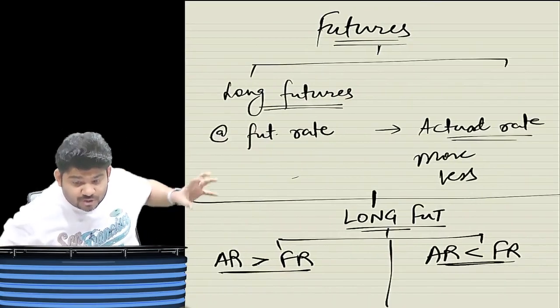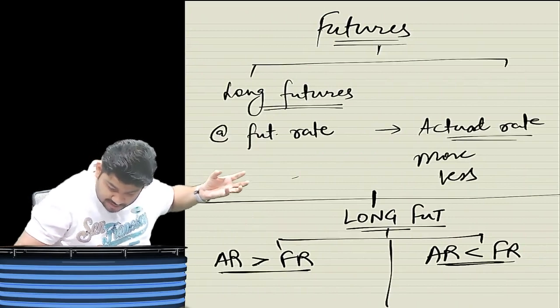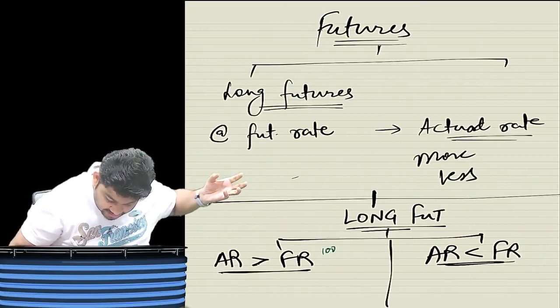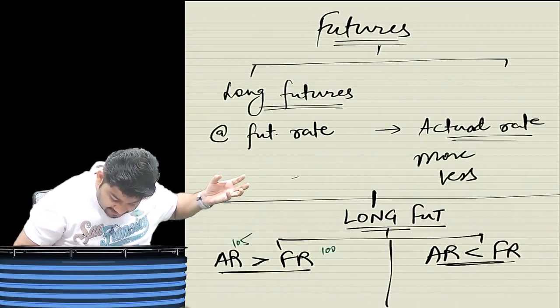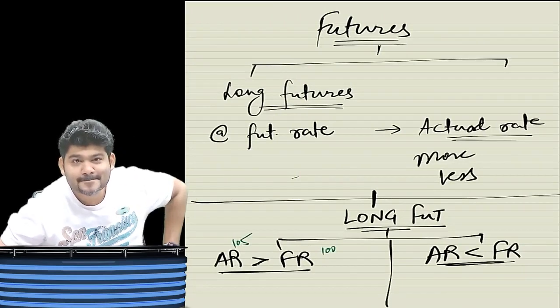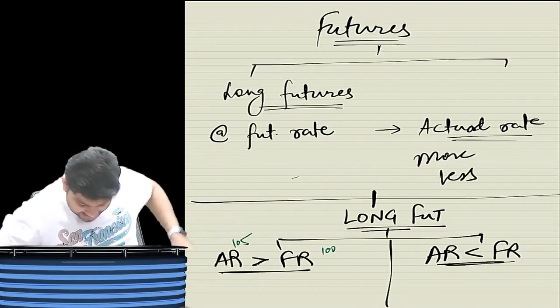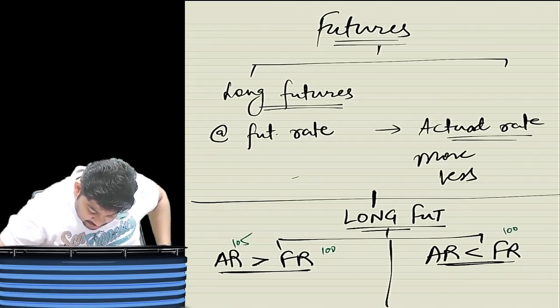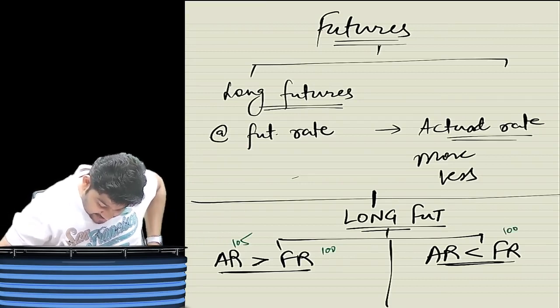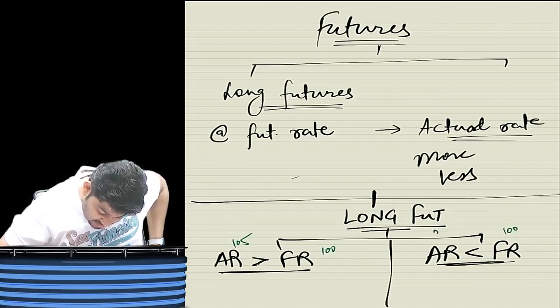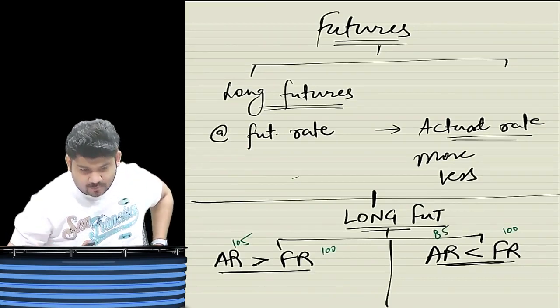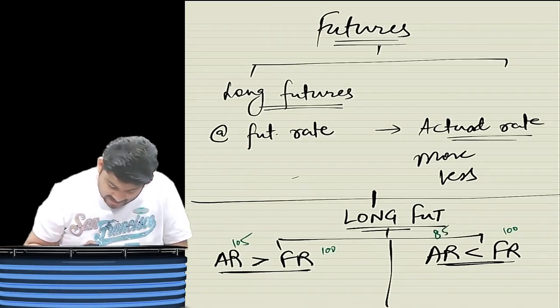You have longed futures, so you are buying. Say you have bought futures at 100 and now this has become 105. Good news for you or bad news for you? Or your actual rate turns out to be 85. Tell me what will happen in case 1 and case 2.